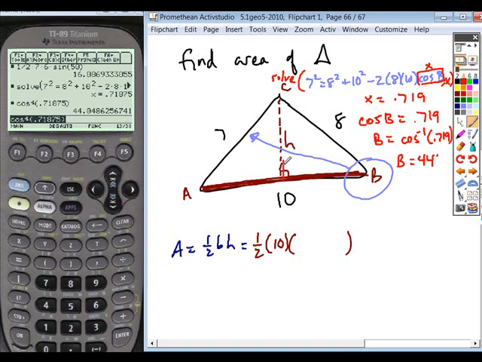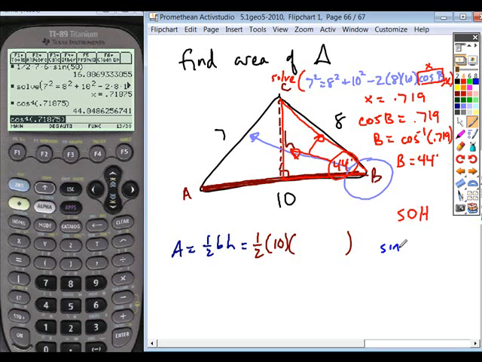And so now I can use this right triangle. I know a 44-degree angle. I have an opposite side that's unknown, and I have a hypotenuse that's known. Opposite and hypotenuse are related by which trig ratio? So sine. And so I can set up my calculation.